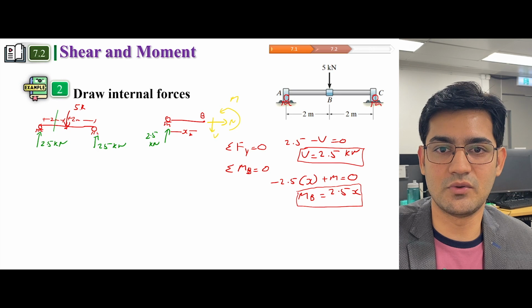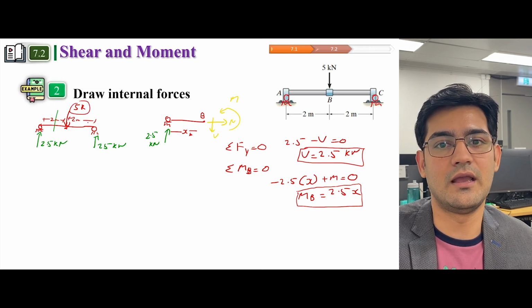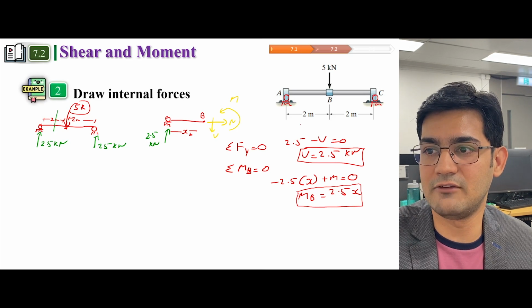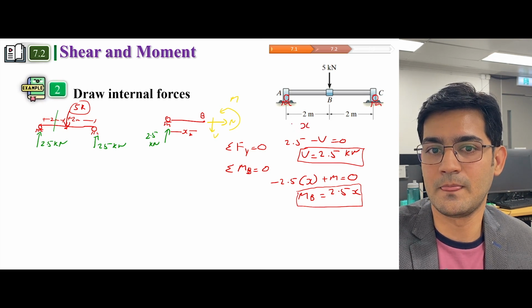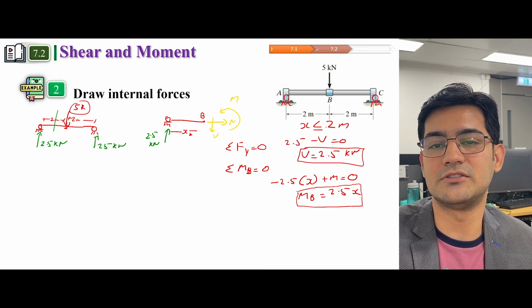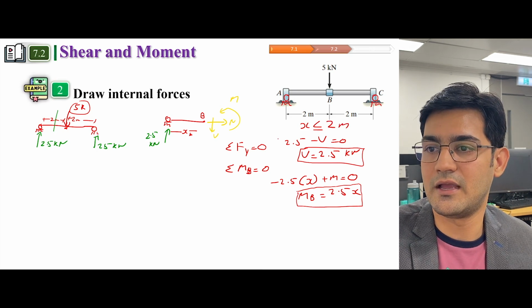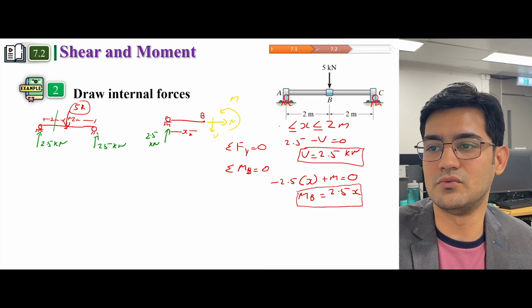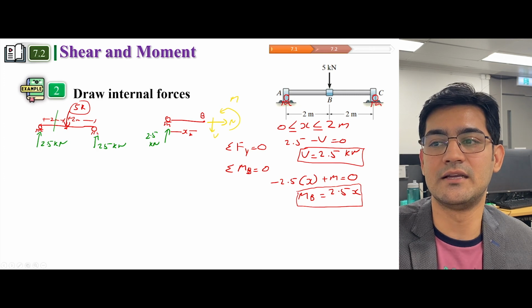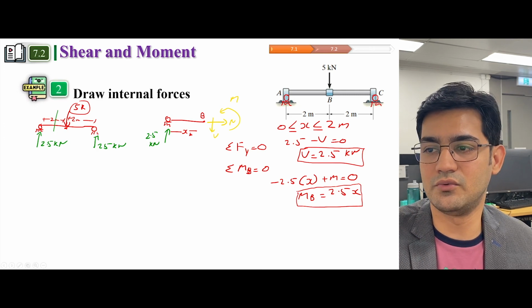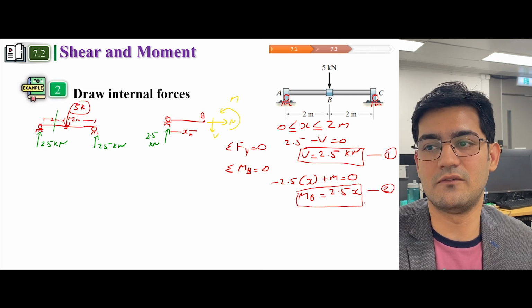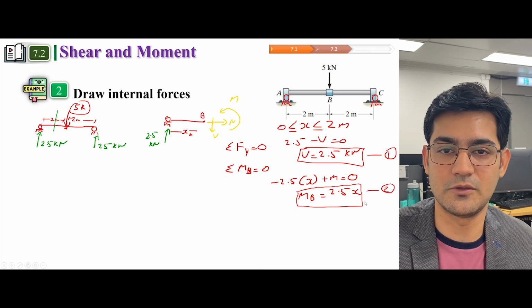But after this, you have a 5 kilonewton force, and now these equations will not be valid. So these equations are only valid if x is less than or equal to 2 meter, because after 2 meter you have a change in force, and greater than or equal to 0. So if x is between 0 and 2, then you can use these two equations to solve your internal force problem.